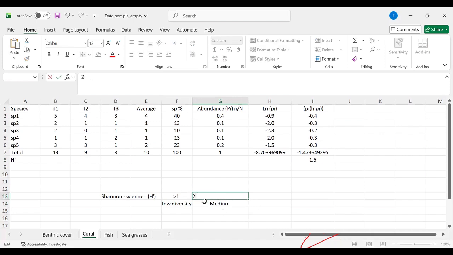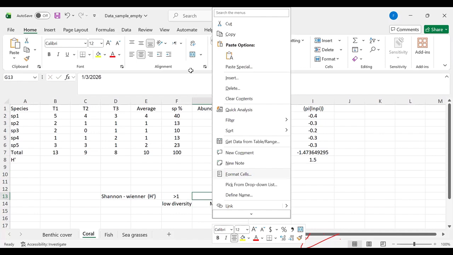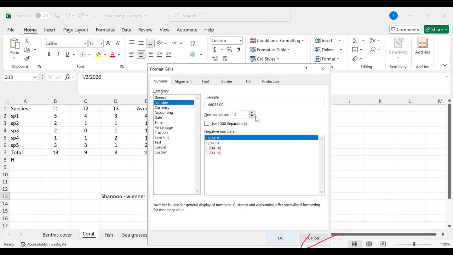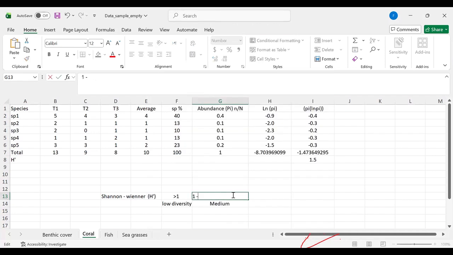So between 1 and 3, that means medium, and above 3, that means high diversity.